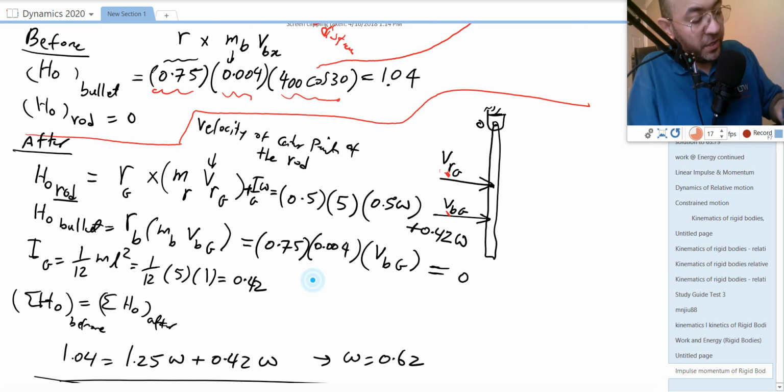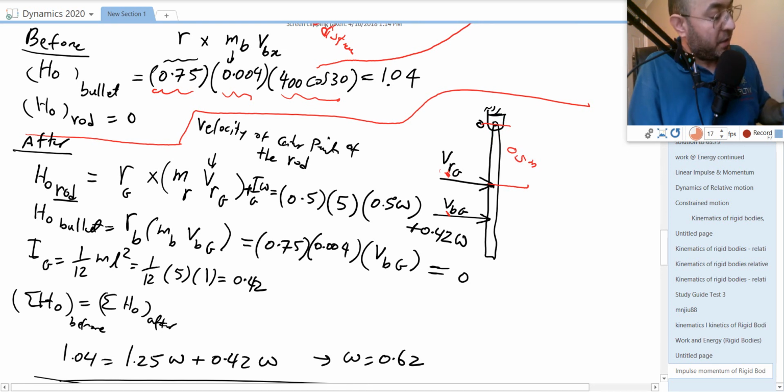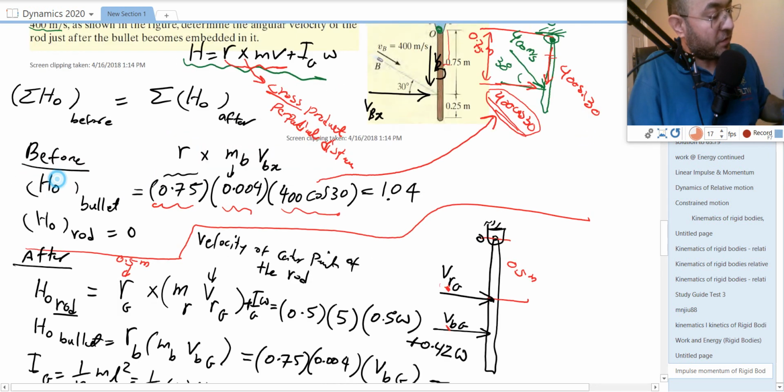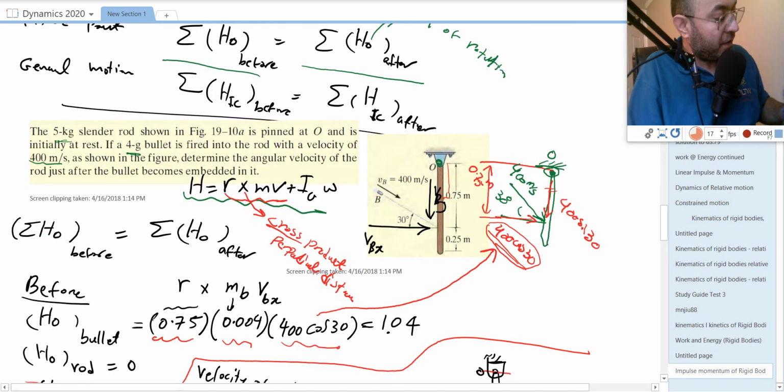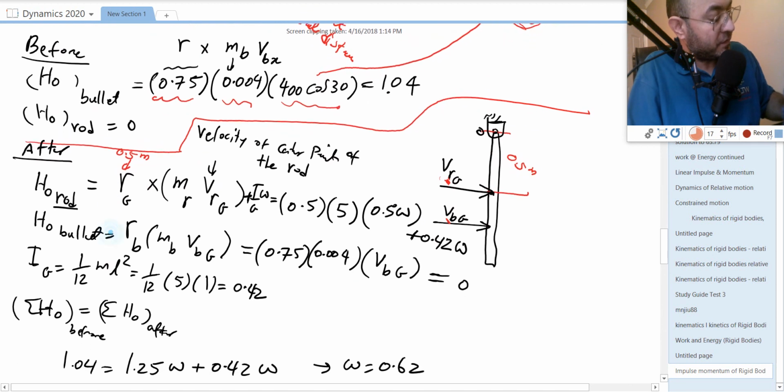Rg is from here to here, which is 0.5 meter, and then cross with Mr VRG. We don't know VRG after the impact. Rg we know, it is 0.5 meter. Mr, the mass of the rod, is given to us as 5 kilogram.